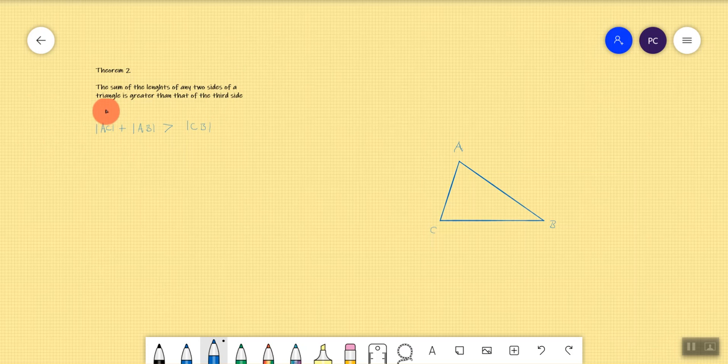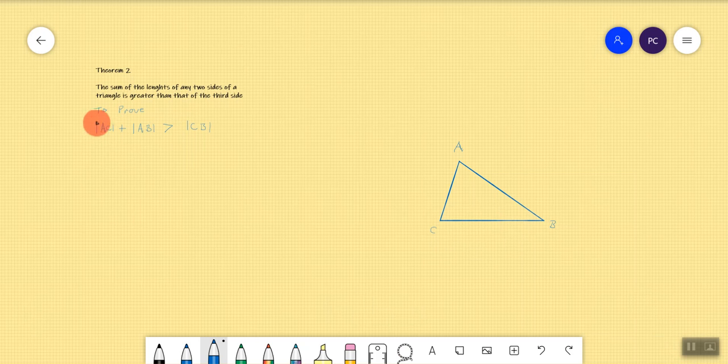So this is what we want to prove. If we take this length and add them together, it'll be bigger than this length.